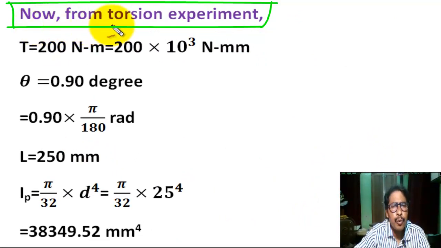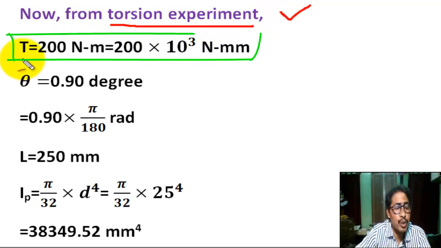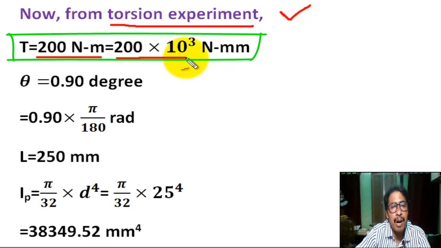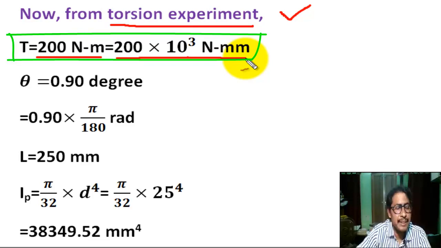Now from torsional experiment, for torsion test, here T equal to torque transmitted by steel bar given 200 Newton meter, that means 200 into 10 to the power 3 Newton millimeter.